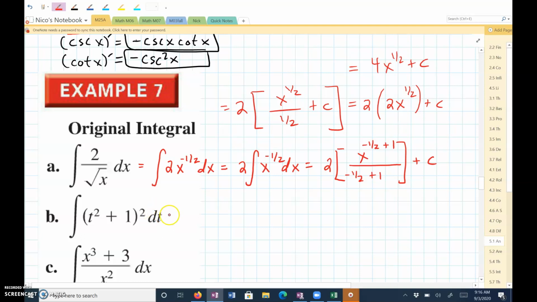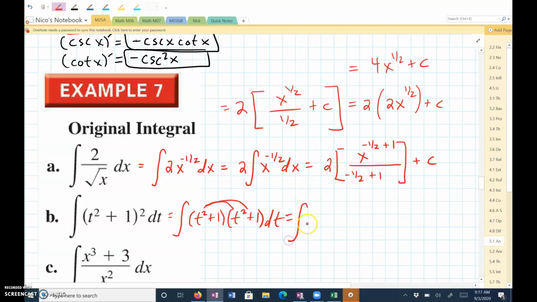Let's try b. For b, the first thing we're going to do is expand this. So we've got t squared plus 1 times t squared plus 1 dt. So I'll multiply here.